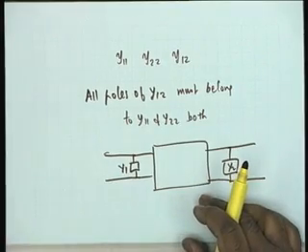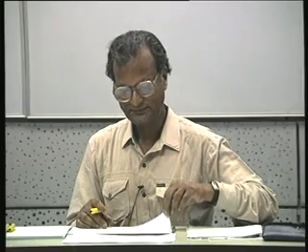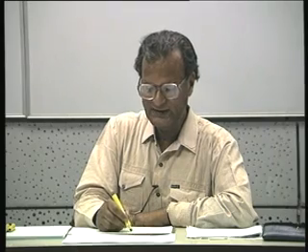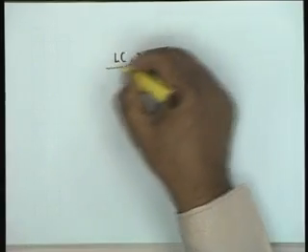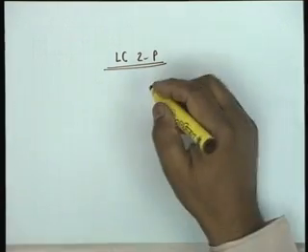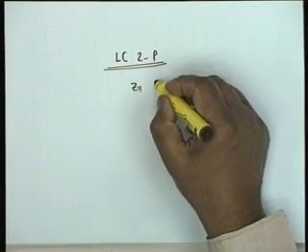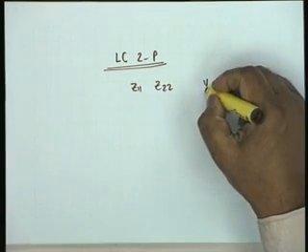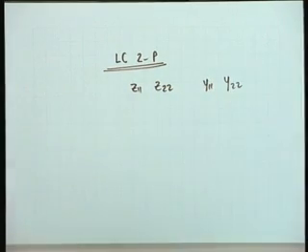Now the third property that we shall be interested in is the special case of an LC two port. If a two port is LC, then you know that Z11, Z22 and Y11 and Y22 have a particular character.